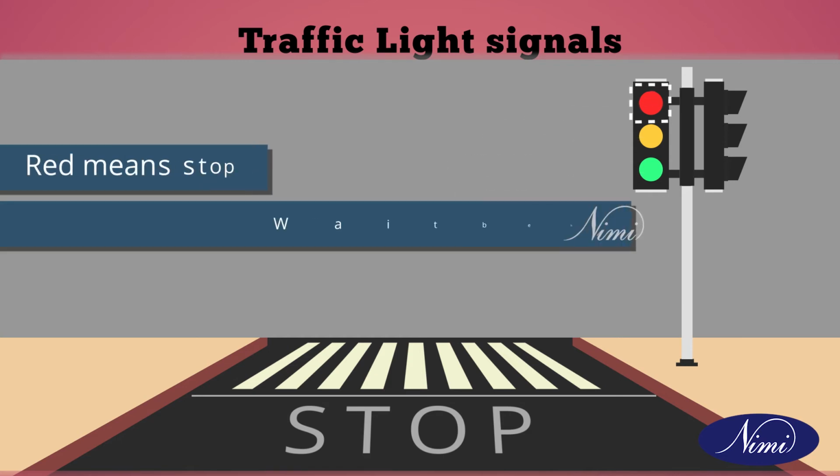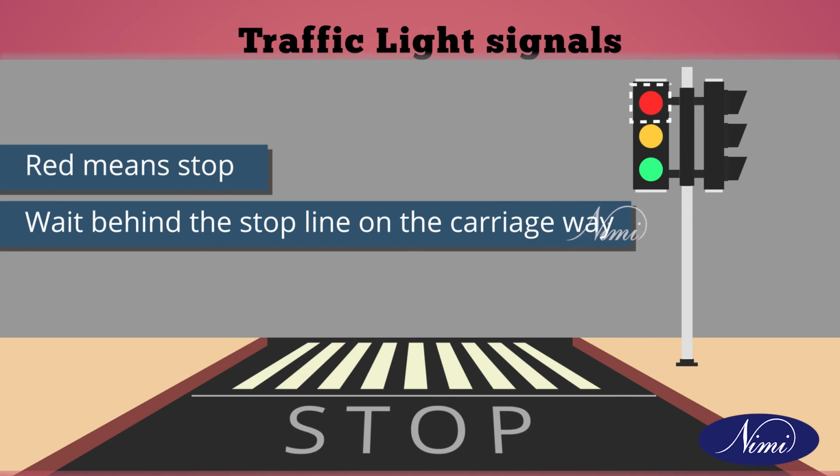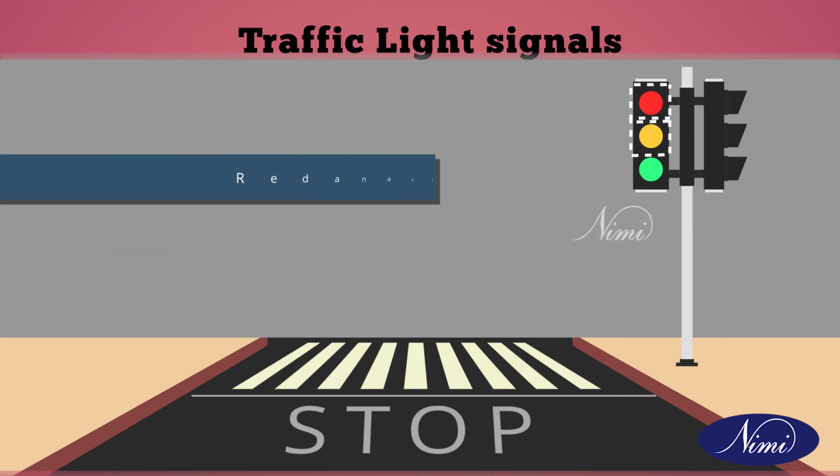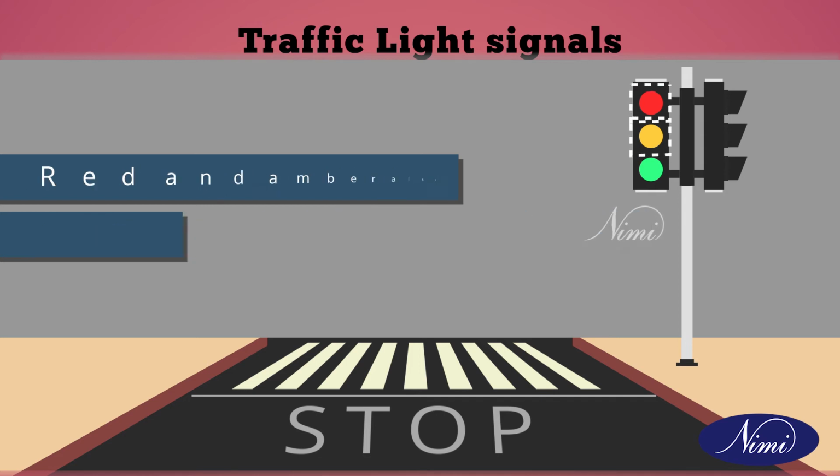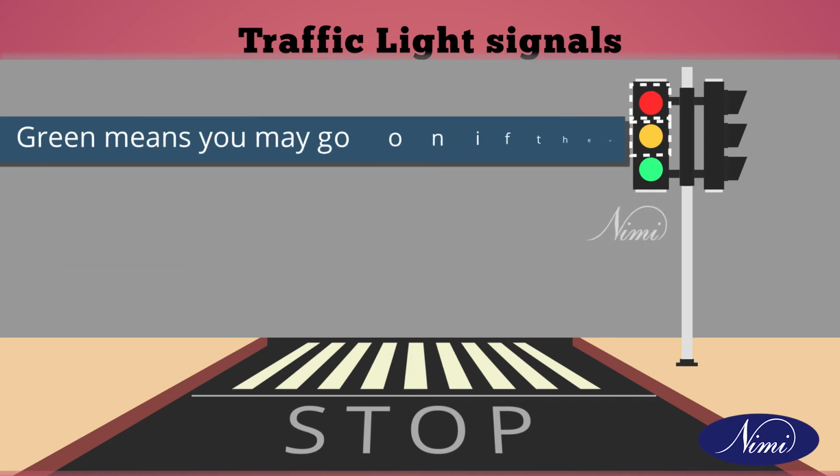The red means stop. Wait behind the stop line on the carriageway. Red and amber also means stop. Do not pass through or start until green glows. Green means you may go on if the way is clear.